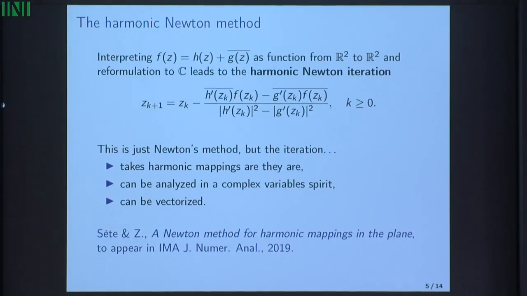Here appear g and h, g prime and h prime, so exactly what our function is built of. And so it's very useful for us. This is not only used to actually compute the zeros, but also to guarantee some convergence properties, and to analyze this in more detail.